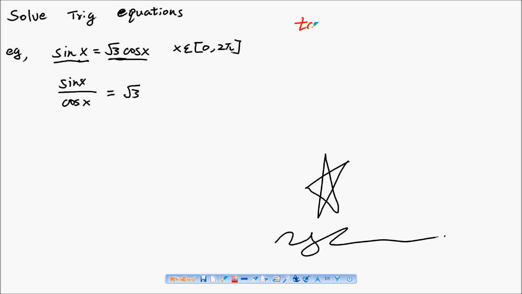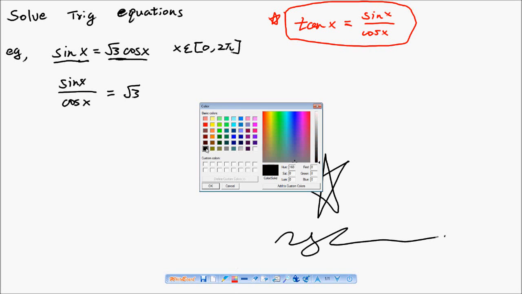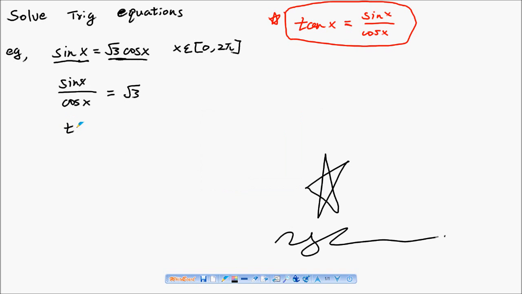I mentioned an important formula in trigonometry before, which is tan x equals sin x divided by cosine x, and we're going to use this formula here. So sin x divided by cosine x is tan x, which equals square root of 3.